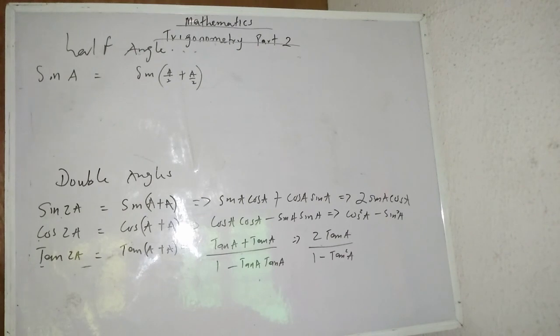Okay, we have covered identity, compound, and double angles. The next one is the nature of the trigonometry graph.